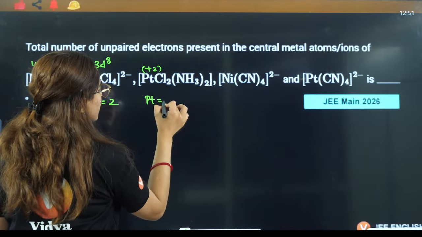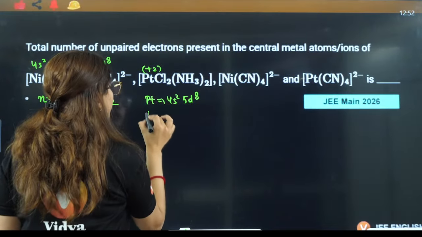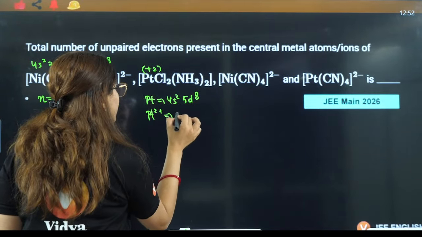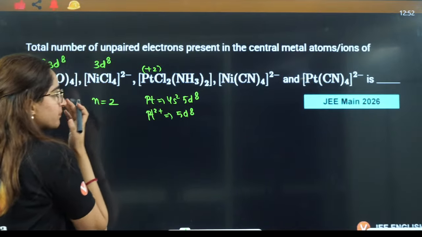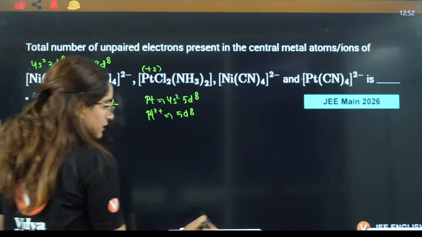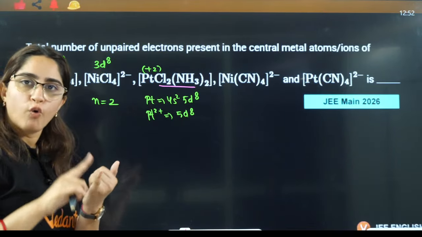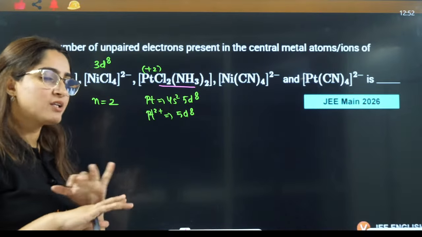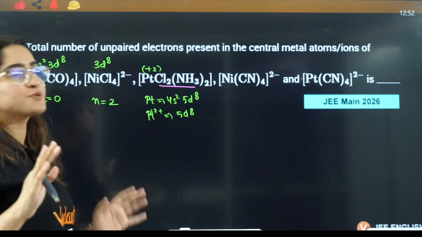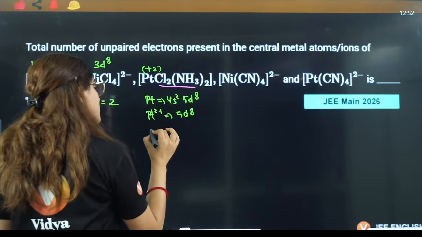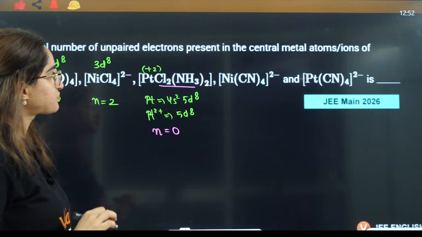Platinum is 6s2 5d8. You take out 2 electrons from here, it will become 5d8. In case of 4d or 5d elements, whether you have strong field or weak field, it will always cause pairing. So there is no unpaired electron, that means n is 0 here as well.